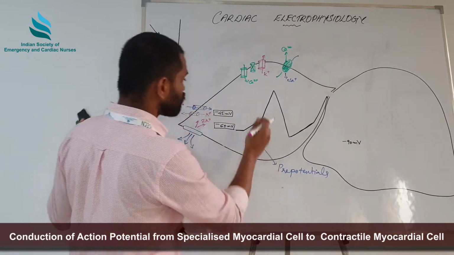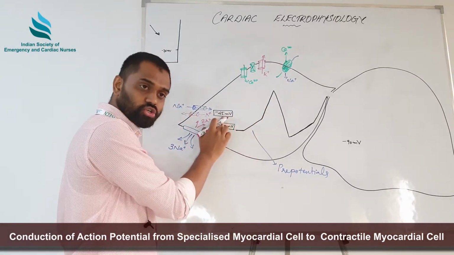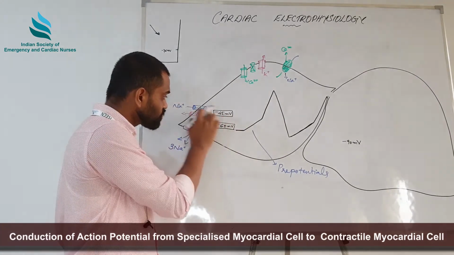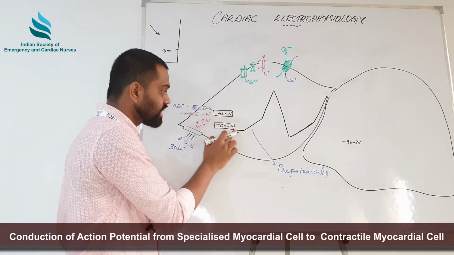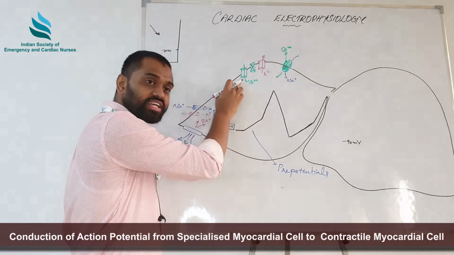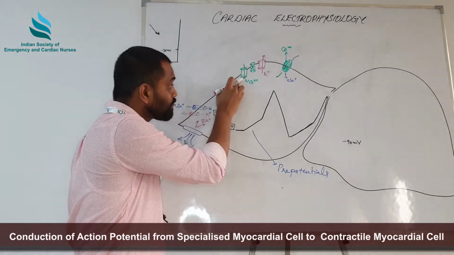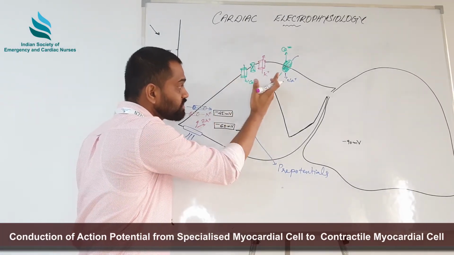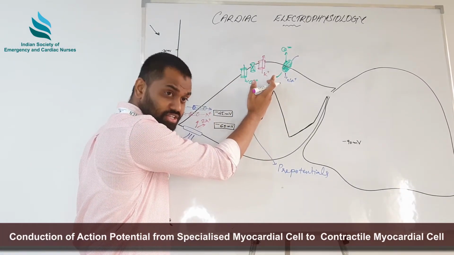During the phase of depolarization, when it touches the threshold because of these funny currents, these leaky sodium channels, we know the voltage gated calcium channels open, and because of these channels the depolarization happens in the saNodal cells.